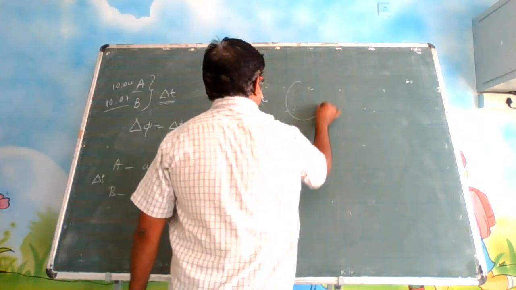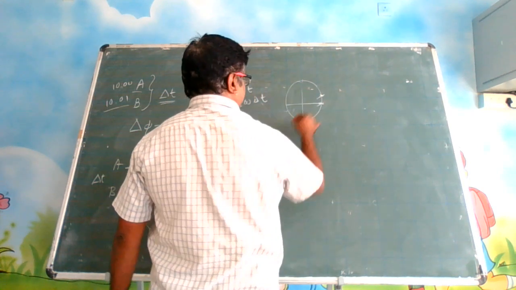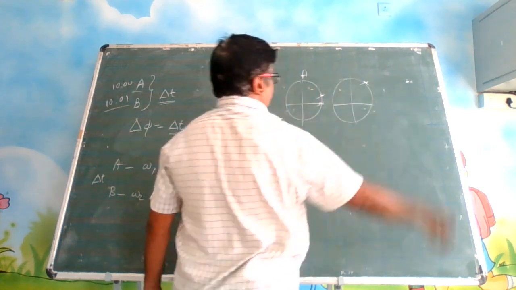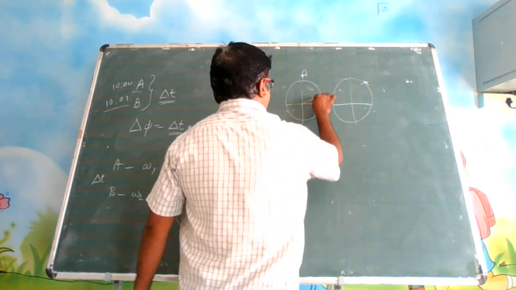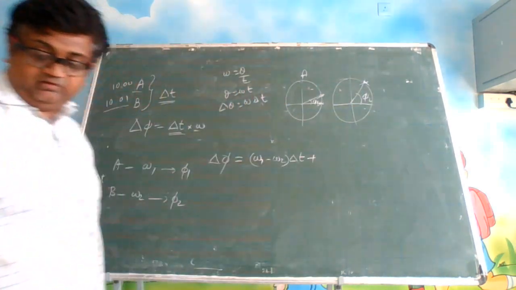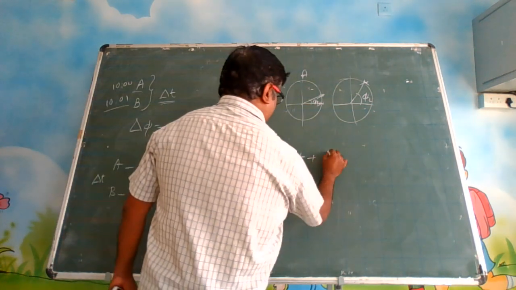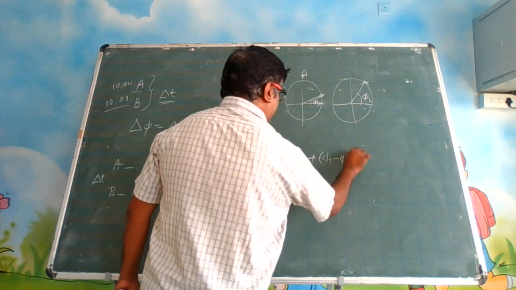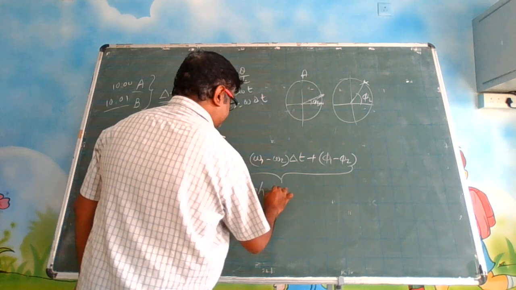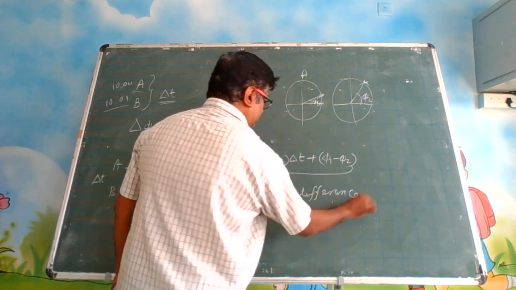Let us say A started here and B started here. So initially there was some phi 1 and there was some phi 2. So even you have to consider this. So this is your phase difference, the general way of finding it out.